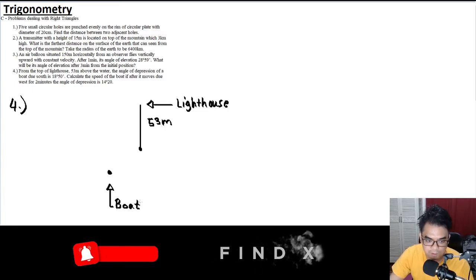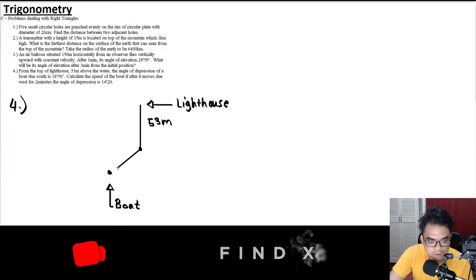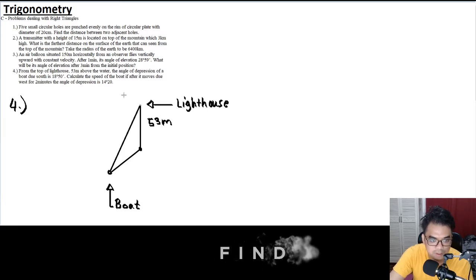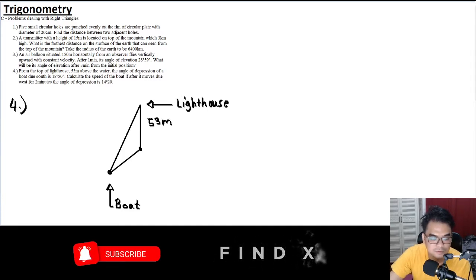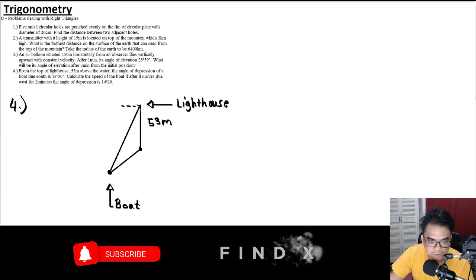And the angle of depression is, so we can have a line here, right? And then you'll also have the line for the lighthouse. And then the angle of depression, I have here some broken lines.